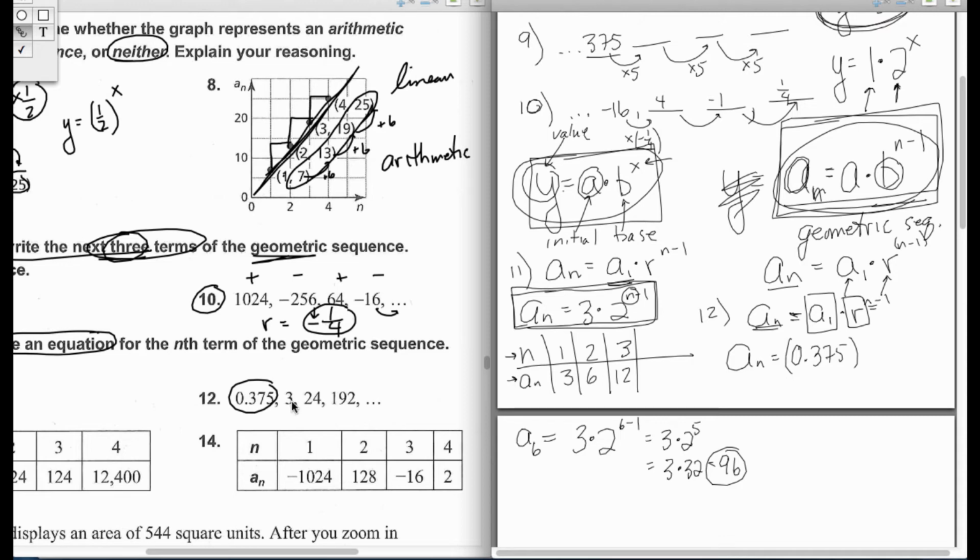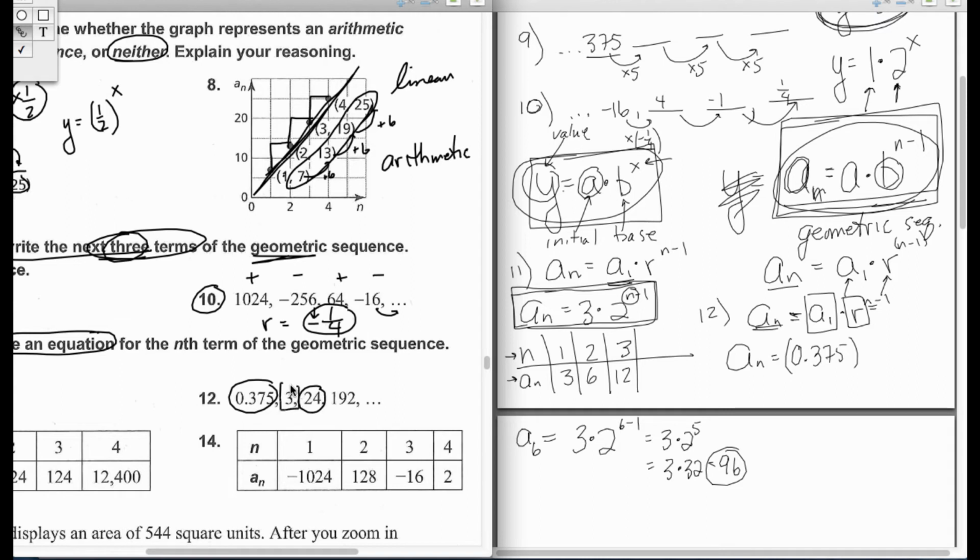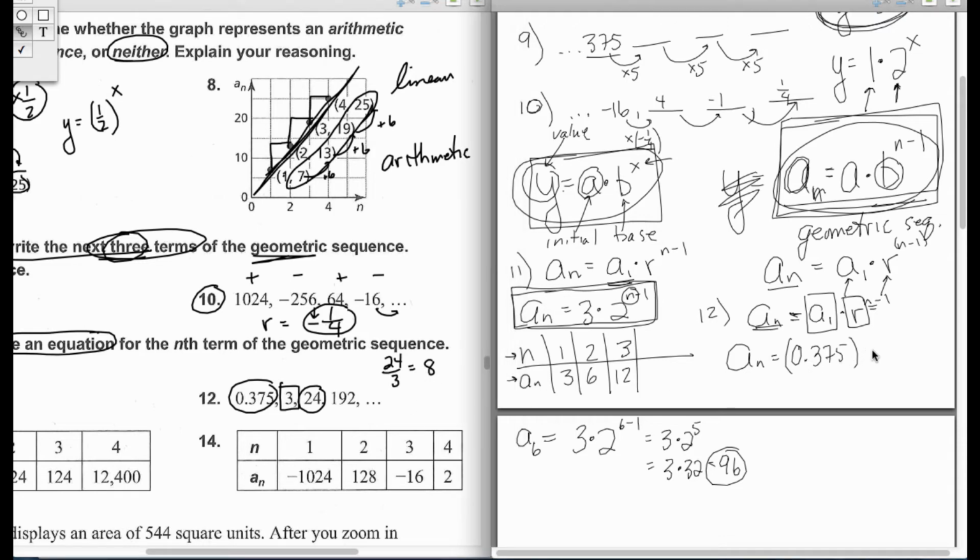And what's going to be the common ratio? Well, you take any number in the list and divide by the number before it. So I'm going to take 24 and divide by 3. That is 8. So my common ratio is 8. And I'm going to take that to the n minus 1. Okay? Now it says find the sixth term.